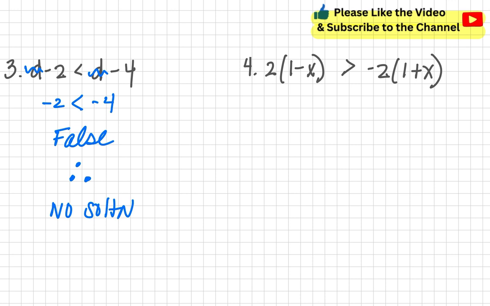Okay, going to the last one. Looks like we have to do some simplification. So it's going to be 2 minus 2x greater than -2 minus 2x. This is a situation again where I have the same variable on both sides. I have a -2x and a -2x.